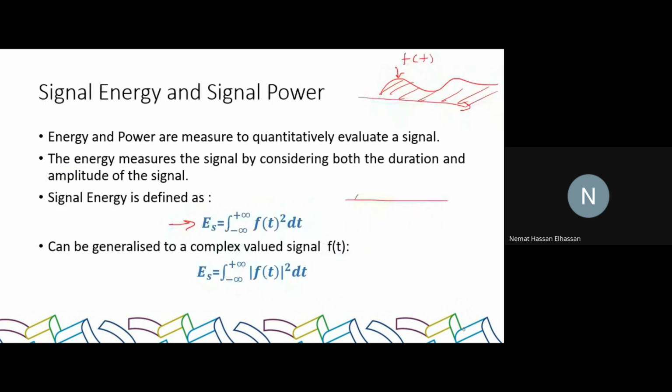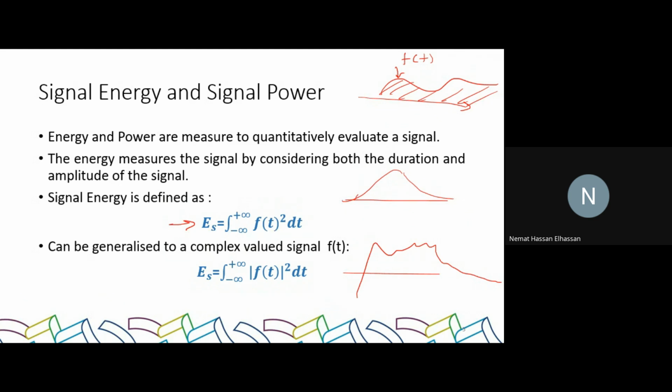So, in order to be able to measure a signal by its energy, when you say its energy, you should give it an amount, X amount of joules, which is the unit of energy, right? So if a signal looks like this, or even looks like this, but gradually decreasing as it tends to infinity, that means that the area under it is measurable, right? Confined, which means that the energy will have a value. We call that an energy signal.